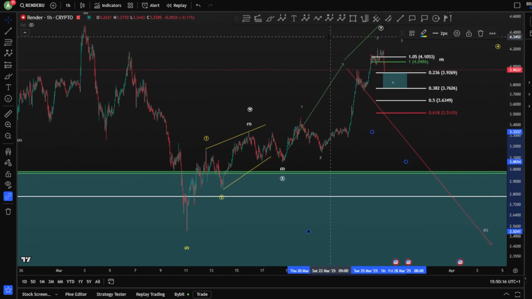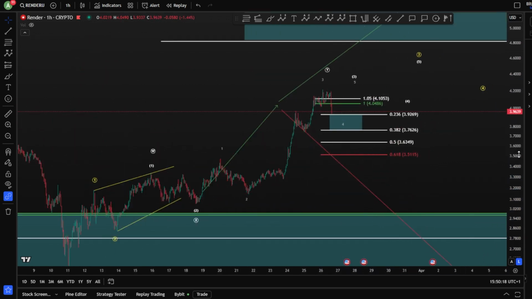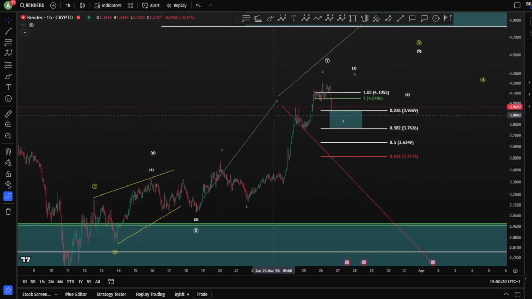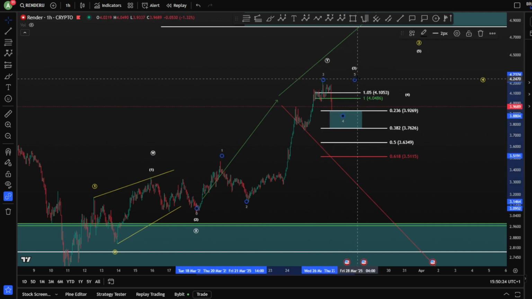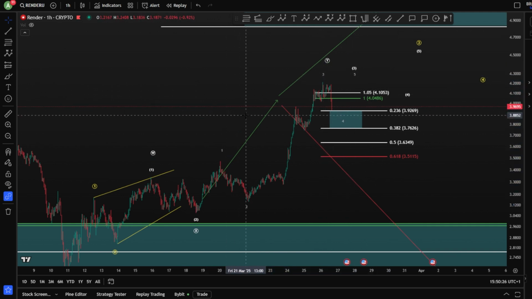Perfect hit, overshooting even, the 1.05, giving higher potential that this might not be the case scenario. Higher potential still, of course, for the bullish.